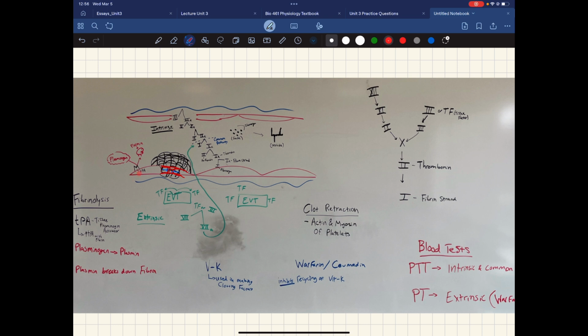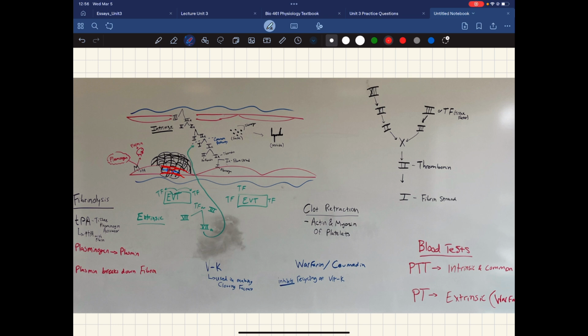It's on the endothelial cells, I believe. In the presence of fibrin, TPA becomes more active. We have plasminogen, which I believe comes from the liver, and it's inactive within the blood vessel.